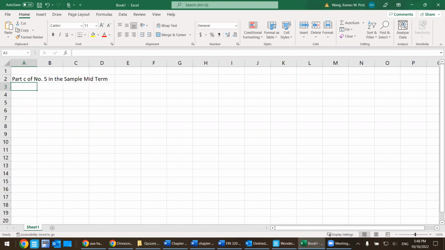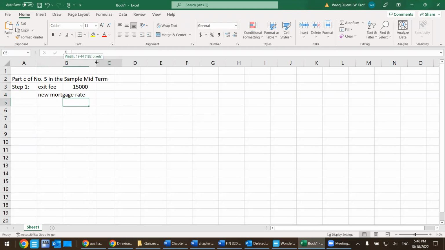All right. So I'm going to focus on part C here because I have the video for part A and B. All right. So in order for me to do the data table, I need to set up these two inputs. So right now, the extra fee is 15,000, and the new mortgage rate is 8%.